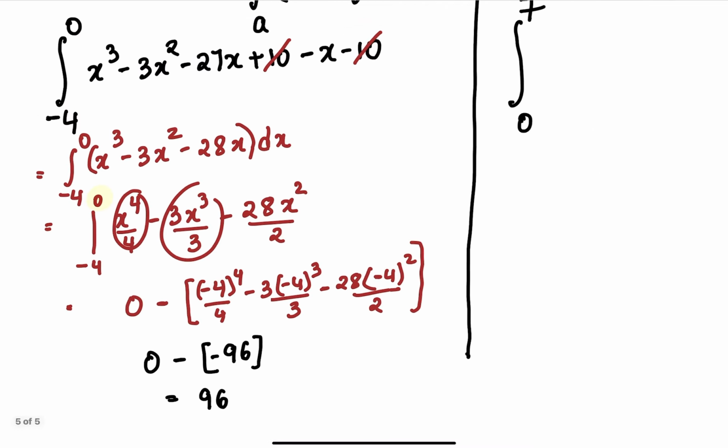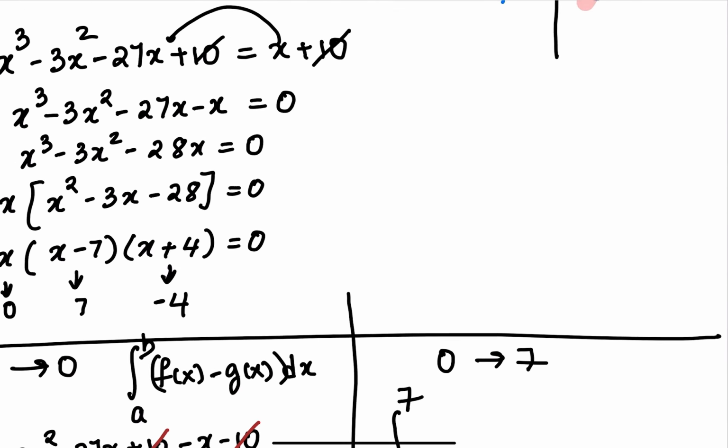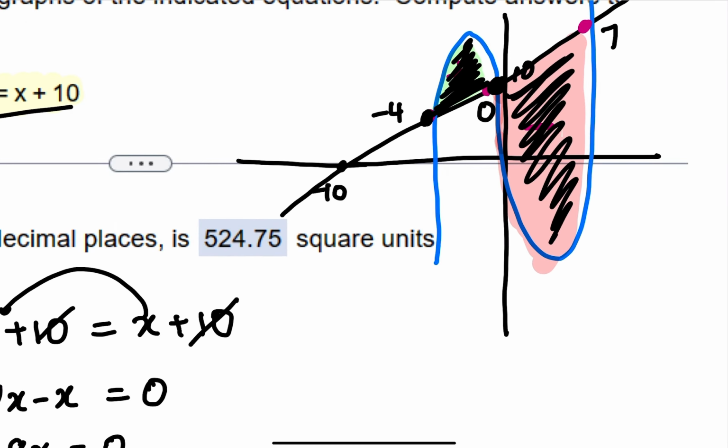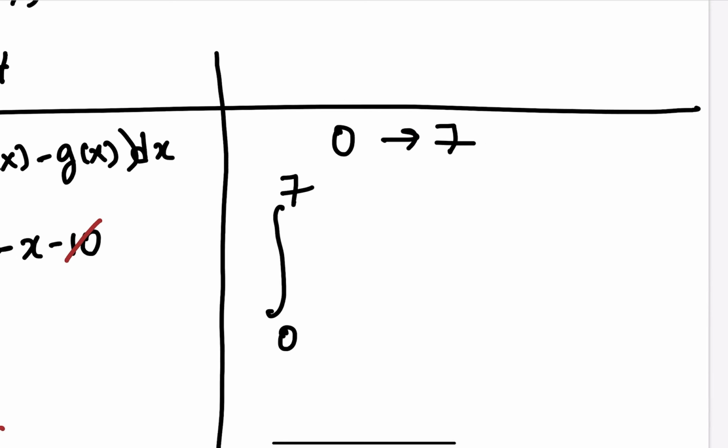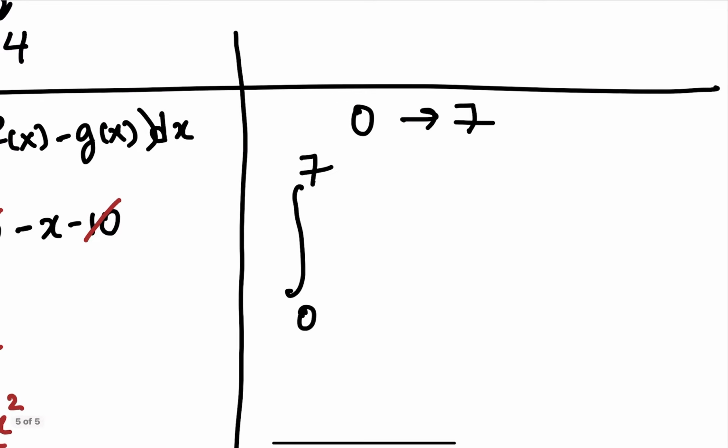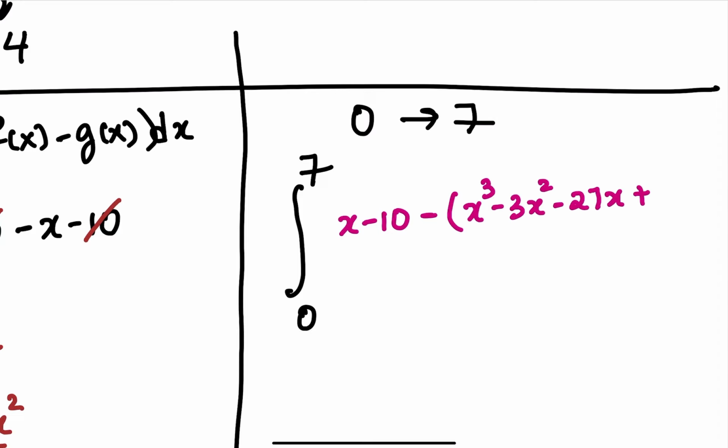Now let's move on to the 0 to 7. When I go back here from 0 to 7, look what graph is on the top. The y equals x plus 10 is on the top and x cubed is on the bottom. So now you will have x minus 10 minus the entire x cubed minus 3x squared minus 27x plus 10.